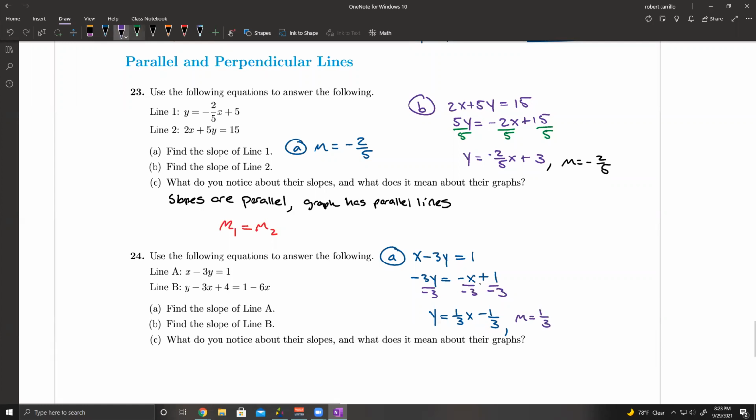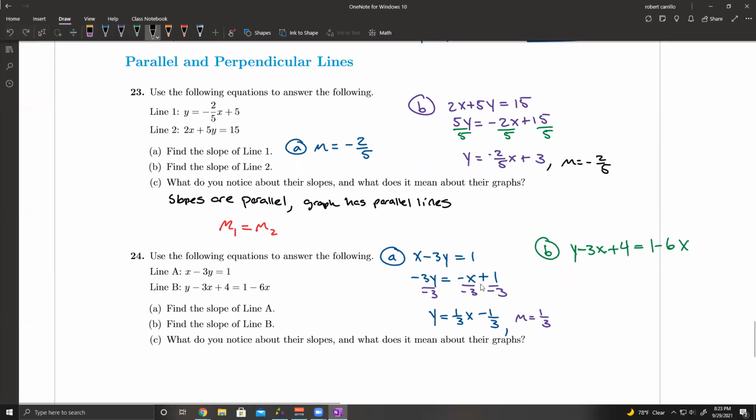Okay. And then for B, we have y minus 3x plus 4 equal to 1 minus 6x. Oh my goodness. Oh, they have to throw those. Don't they know we're trying to get somewhere? All right. Y minus 3x plus 4 equal to 1 minus 6x. So here we want to solve for y, which means we have to move both of these terms over to the right side.